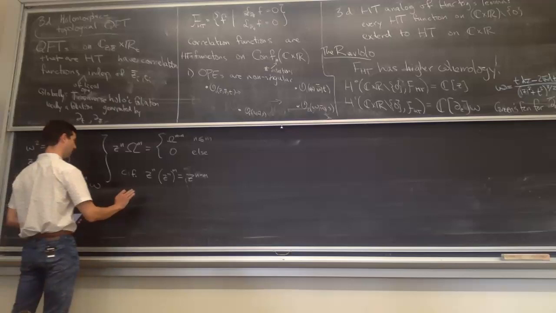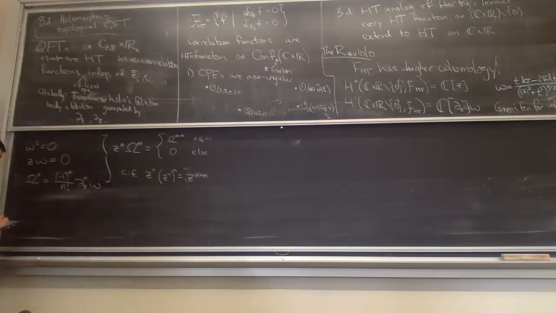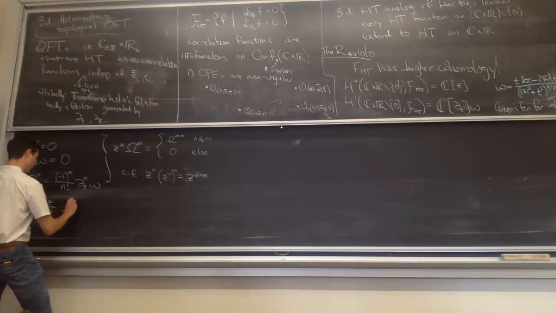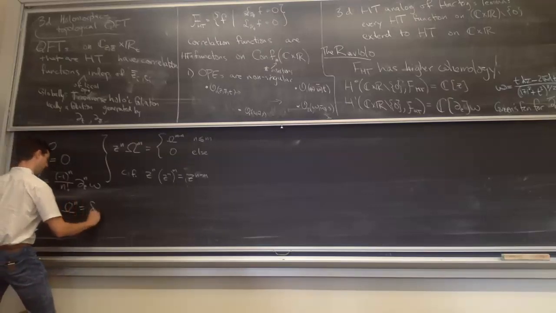But we do have an analog of the Cauchy formula I was telling you before. Rather than integrating over an S1, we're now going to integrate over a 2-sphere. We have the same sort of first part. Rather than 2 pi i, we end up finding an 8 pi i. Omega to the n is delta n0.